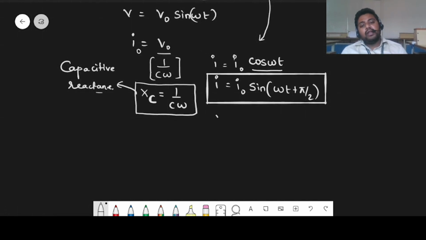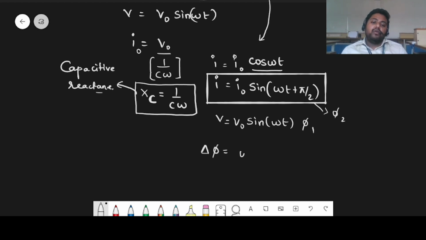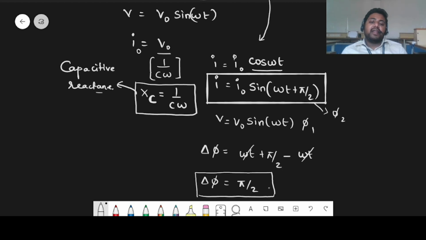So now if you are analyzing it with V is equal to V naught sine omega t, this is phase phi 1, this is phase phi 2. If you are analyzing the phase difference delta phi, you can write that omega t plus pi by 2 minus omega t will give you the phase difference as pi by 2. I hope you are understanding. In this, is the current leading or the voltage leading?